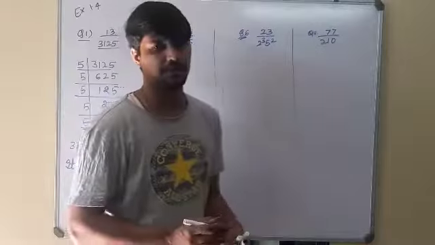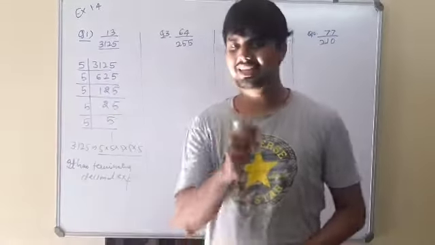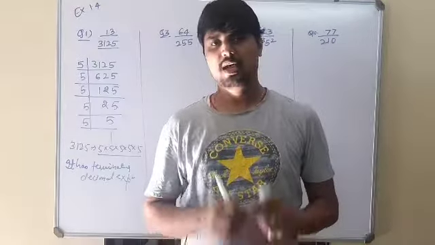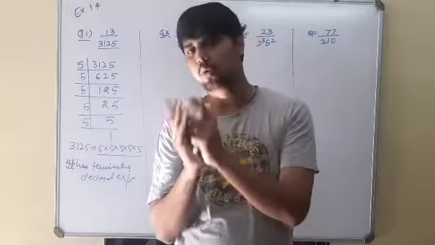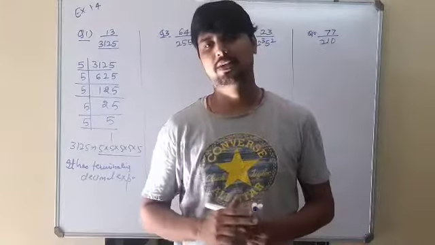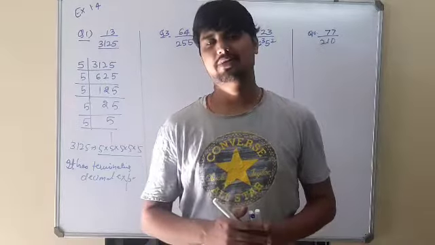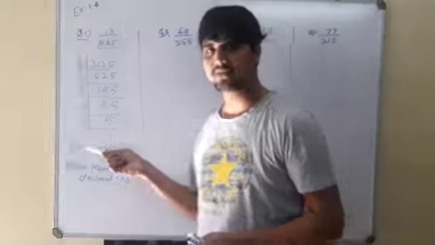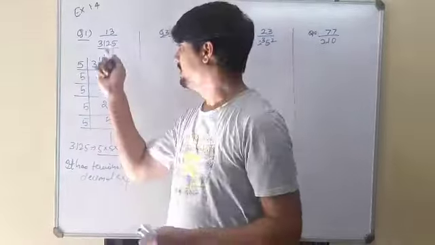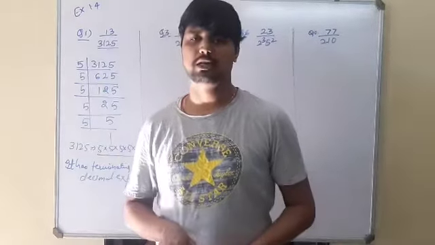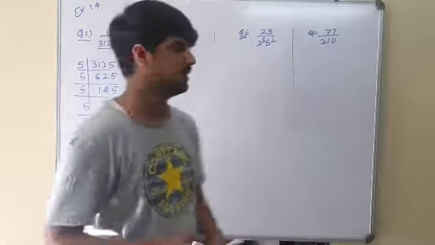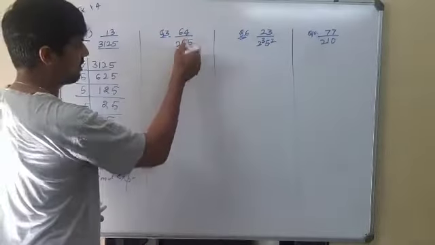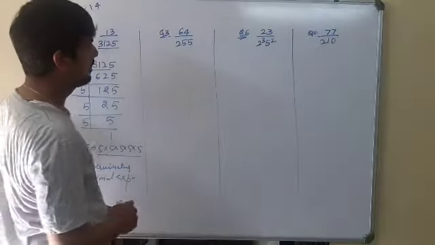Because in the previous video we have seen if the denominator is having a prime factorization having only 2 and only 5, or 2 and 5, then that number will always have a terminating decimal expansion. Here all the prime factors are 5, so 13 upon 3125 will have a terminating decimal expansion.